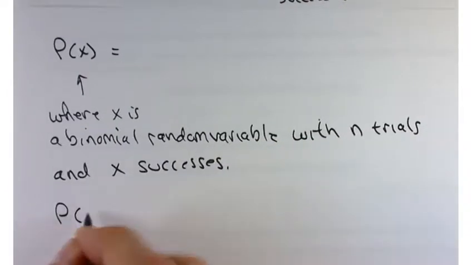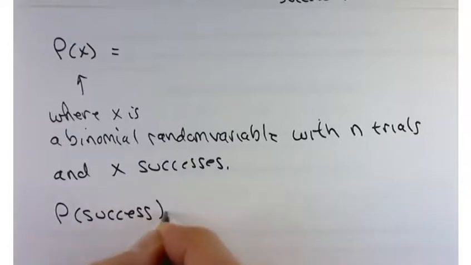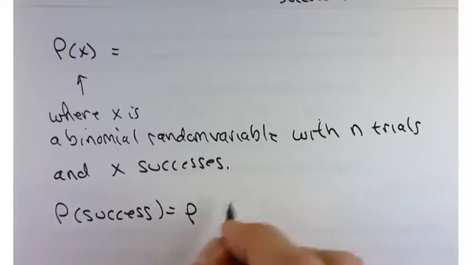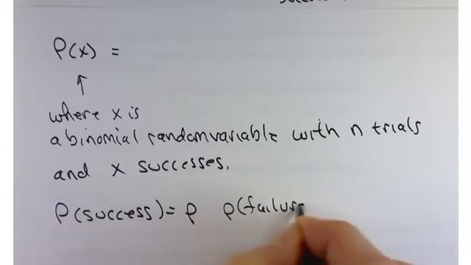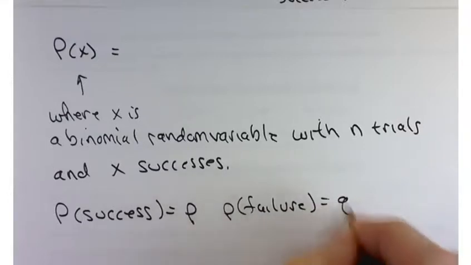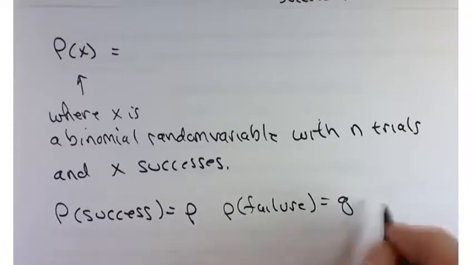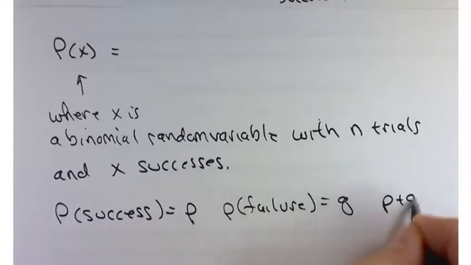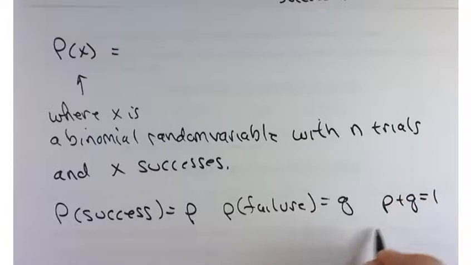The probability of a success is going to be labeled P. Probability of a failure is going to be labeled Q. P plus Q has to equal 1.